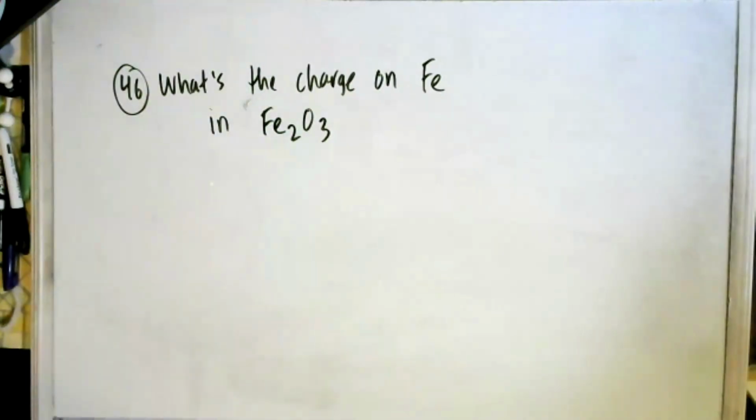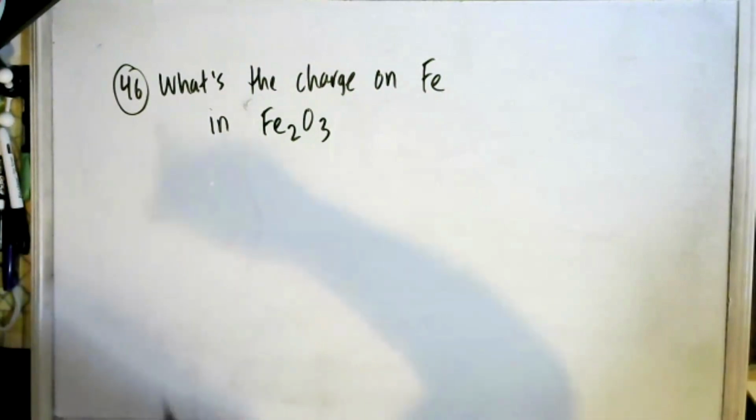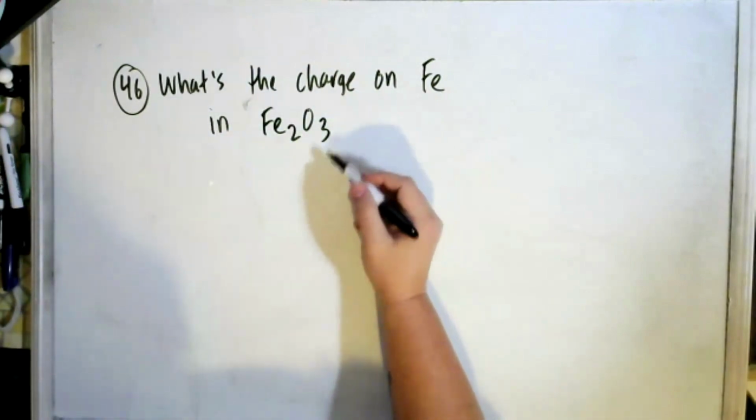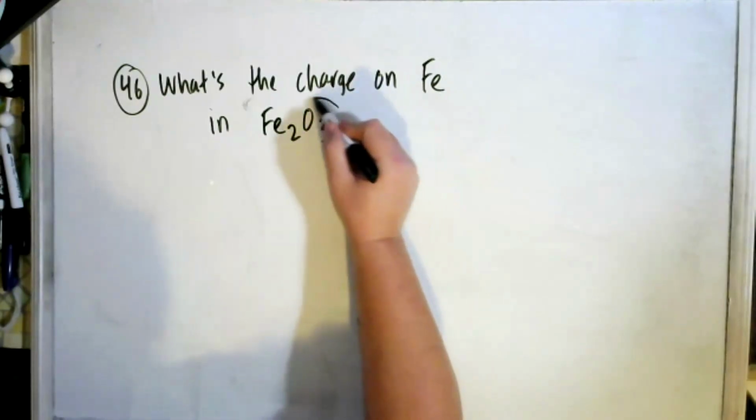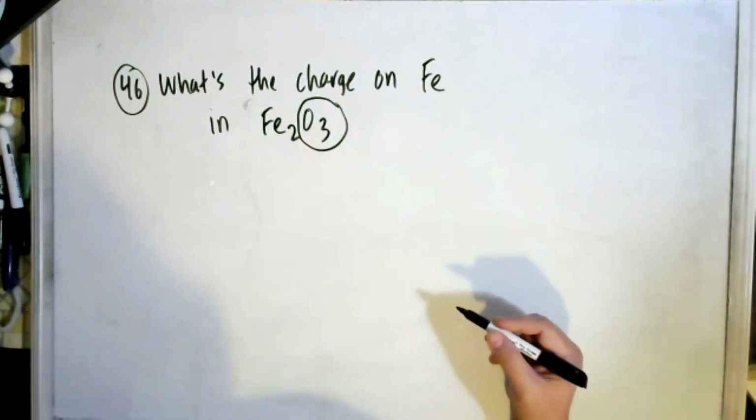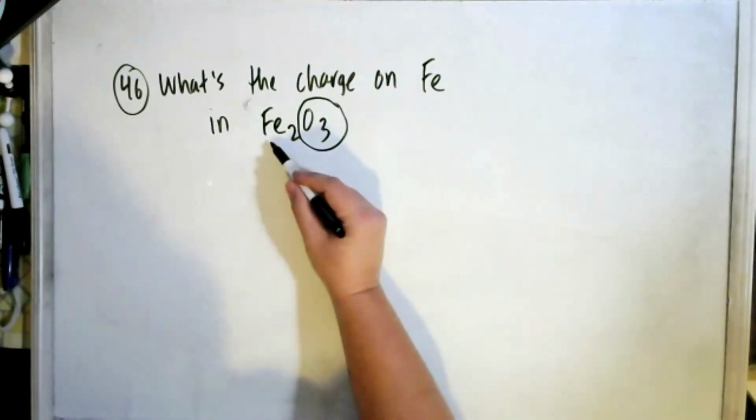Iron is a type 2 metal. Iron's charge can change depending on what it's combining with. So if you want to find the charge on the iron in a specific compound, you have to look at the anion to help you figure out what the charge on your metal is.